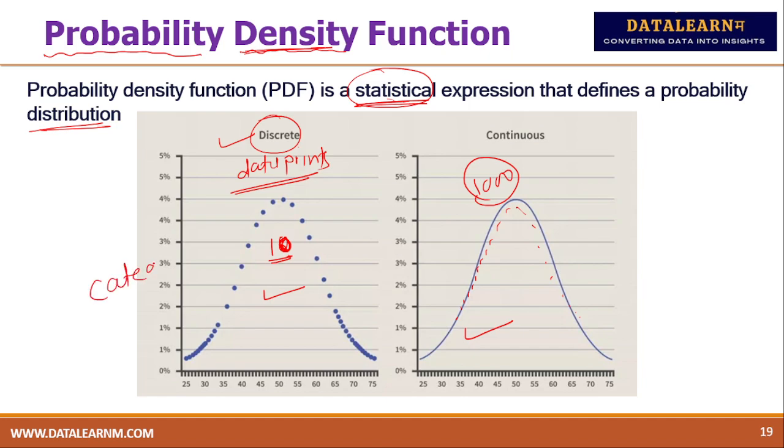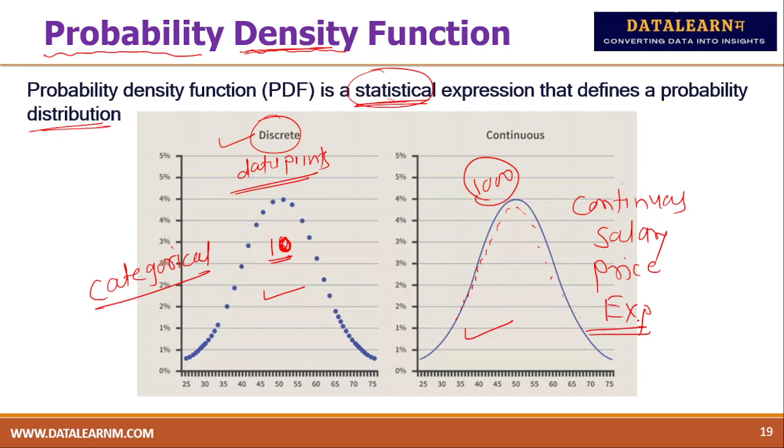Generally, discrete will be in the case of a categorical variable, with 4, 5, 6, 7, 8, 9 categories. And this will be in the case of continuous data, like salaries of persons, price of a vehicle, or experience, where different values will be there.